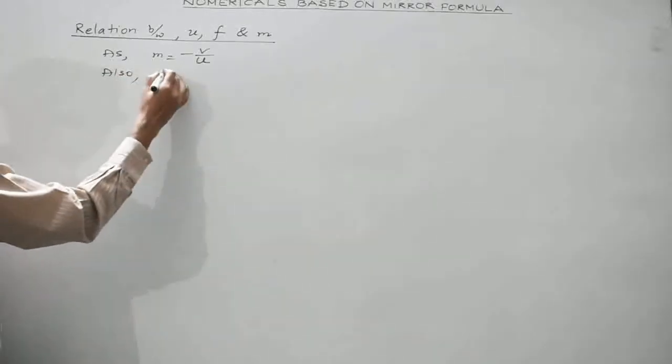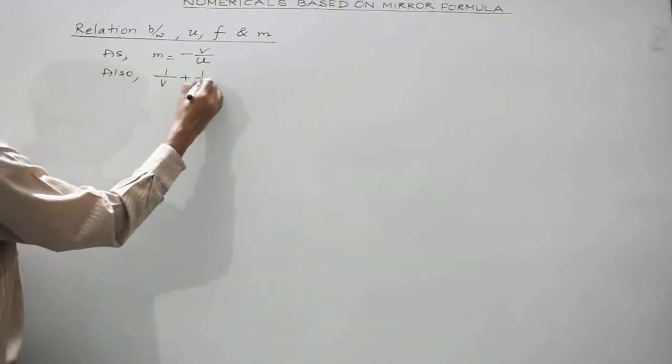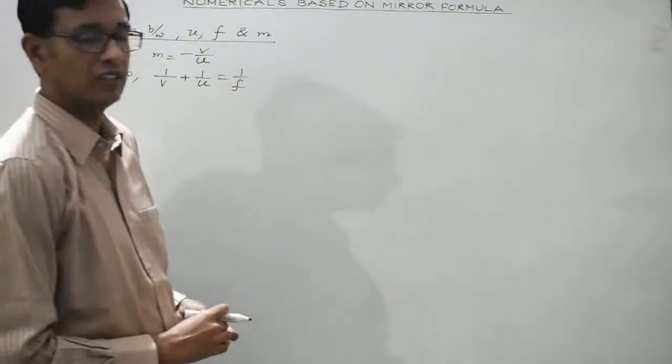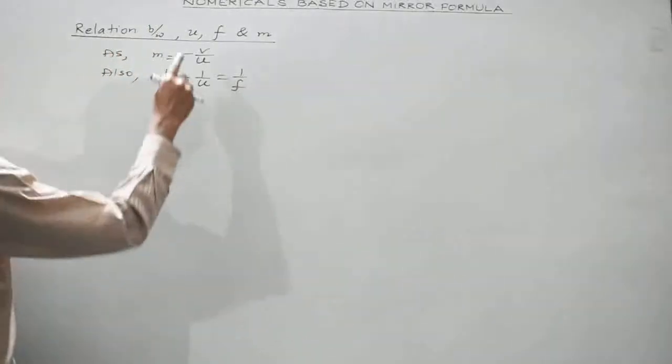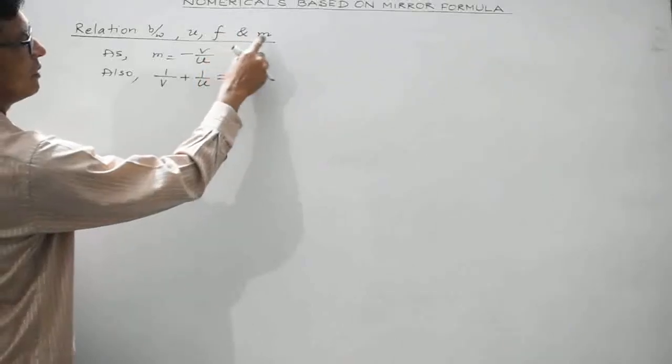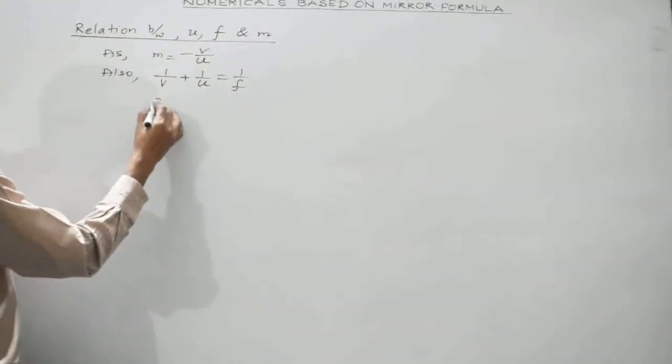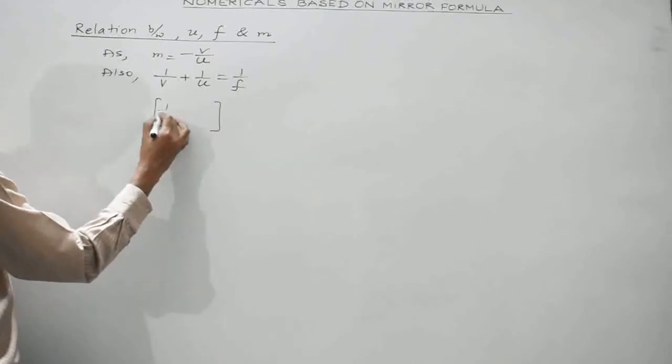Also, as per the mirror formula, 1 by v plus 1 by u is equal to 1 by f. No doubt regarding this. Now in order to obtain a relationship between u, f and m, multiply throughout by u, on both the sides.